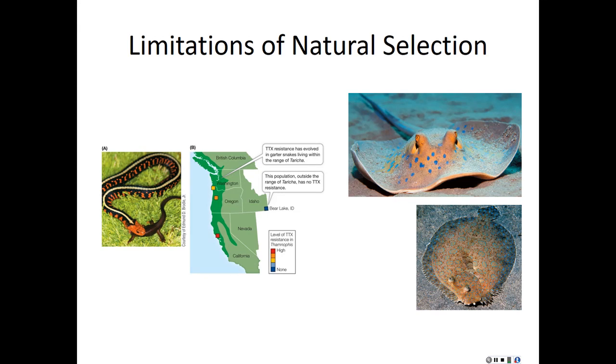Also, every organism is limited by historical constraint. In other words, they're bound by what their ancestors had to work with. So for example, we're looking at a couple of different organisms.